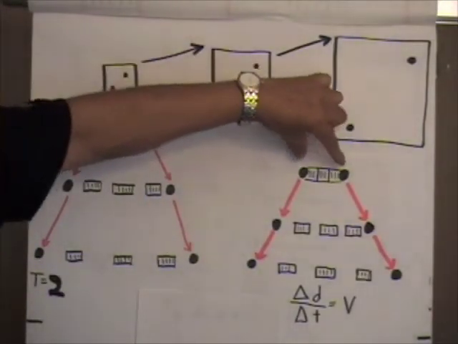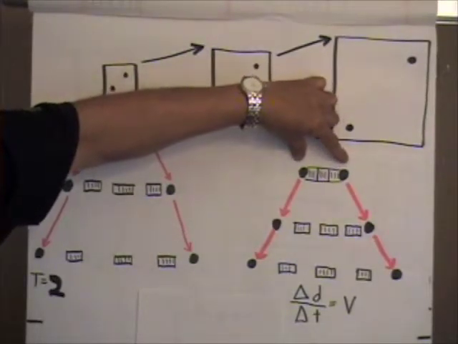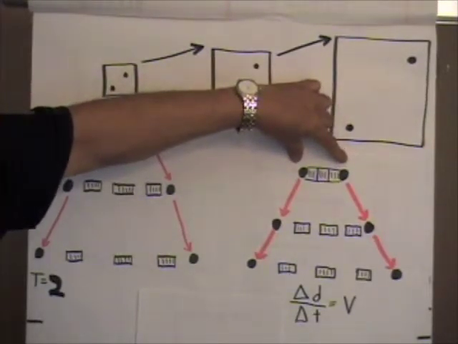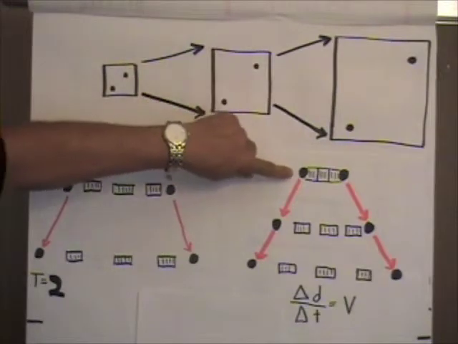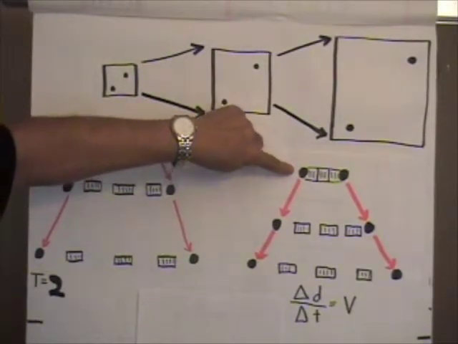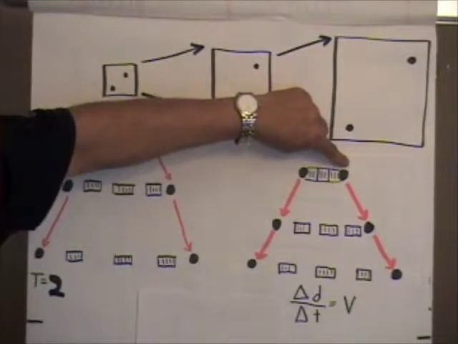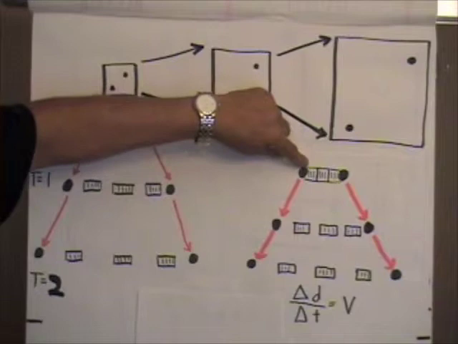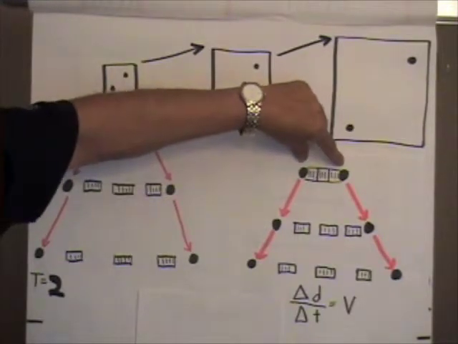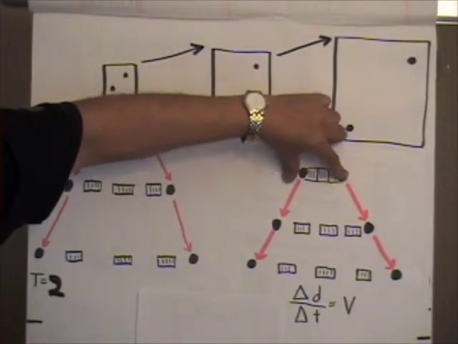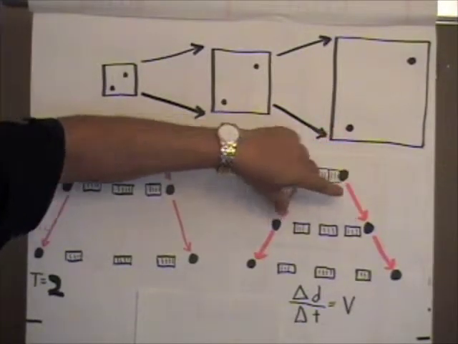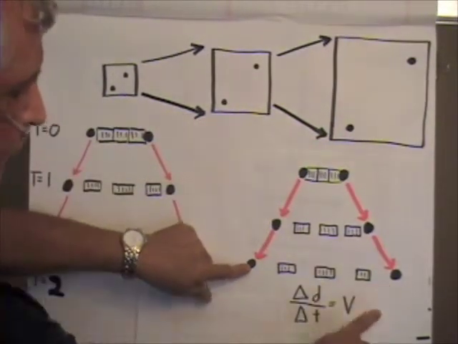Now we have two other objects here to build on the example. This could be, for instance, the Earth and a satellite, or a spaceship leaving the Earth at a certain distance. As time goes on, these two objects are becoming further and further apart.